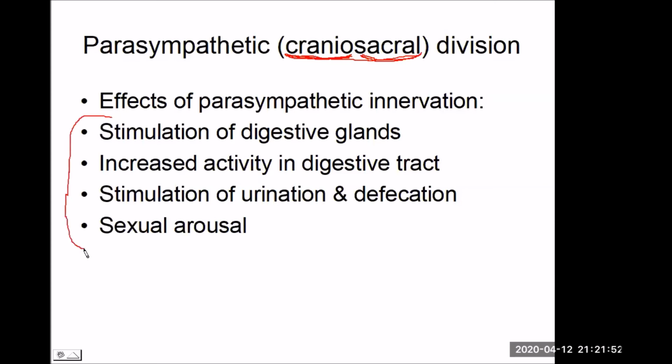So organ systems that are stimulated by the parasympathetic nervous system would include the digestive system, the urinary system, or your kidney function specifically. Whereas overall, this would now promote more of a relaxed, resting state for the body. In fact, a common phrase is rest and digest.